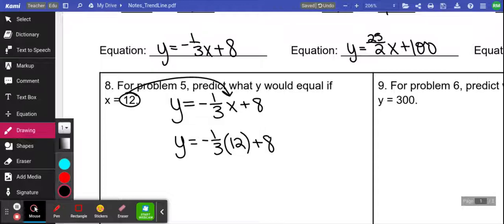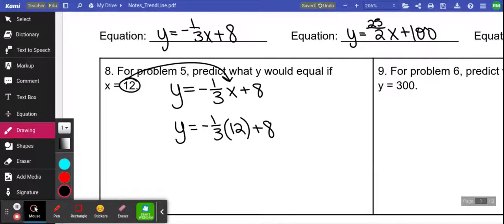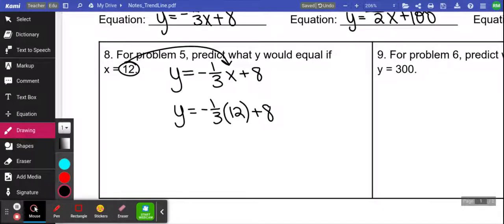So we need to figure out what is negative 1/3 times 12. You can do that with a calculator. For time's sake, I'm just going to give it to you. Negative 1/3 times 12 is negative 4 plus our 8.